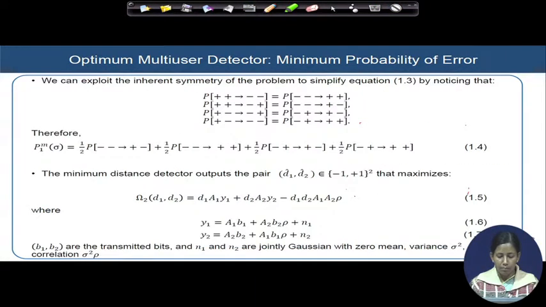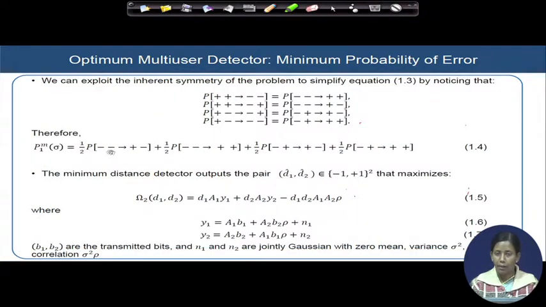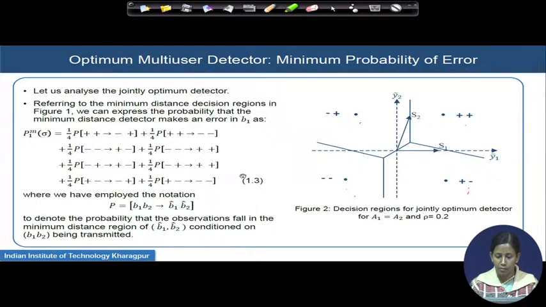Now, see one important thing in expression 1.4: the first term is the probability that the observed vector is closest to plus minus. Let us first see when this can happen. We transmitted double minus, but we are detecting it as plus minus, meaning we transmitted this but we are detecting it as if we are here.